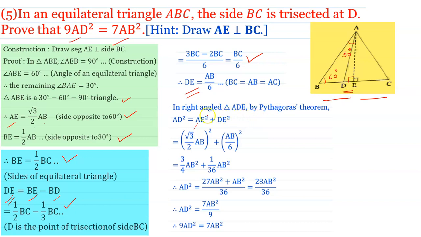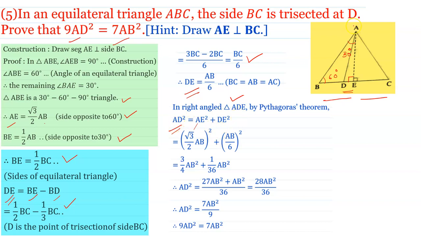Now we consider triangle ADE. In triangle ADE, by the Pythagoras theorem, we need AD square, and we want to express DE and AE in terms of AB.